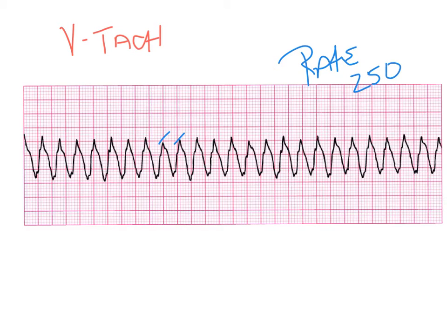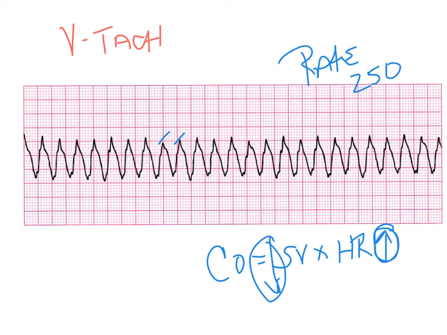If his rate is 250, don't forget, cardiac output equals stroke volume times heart rate. If his heart rate's increased that much, his stroke volume is going to be in the dumps. So again, be thinking about how your patient is doing.